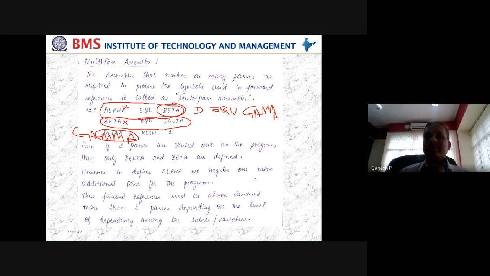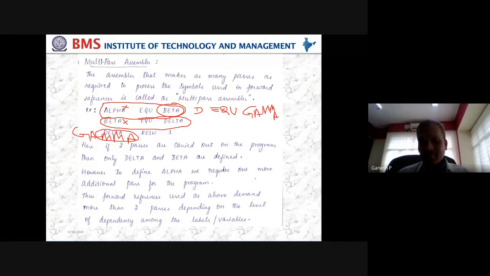Depending upon those layers, we need that many passes. Assume we need a 3 or 4-layer, or 4-pass, assembler. How are we going to mitigate that? We can mitigate it by having a linked list as an additional data structure attached to each such undefined label.